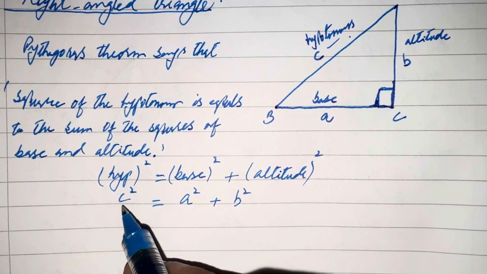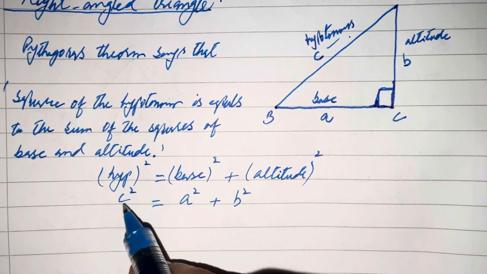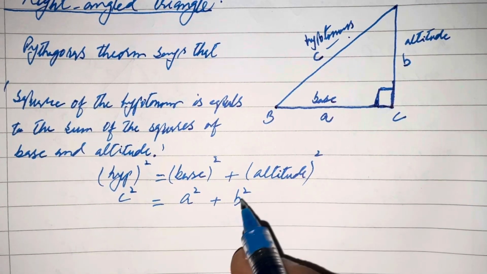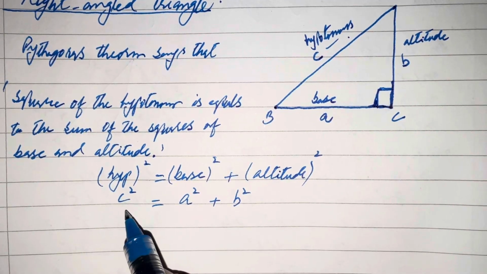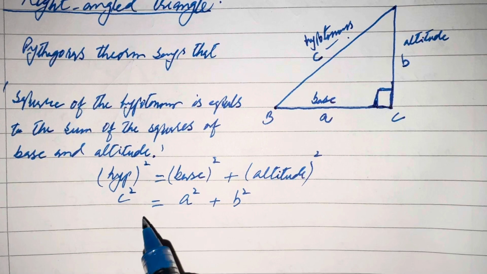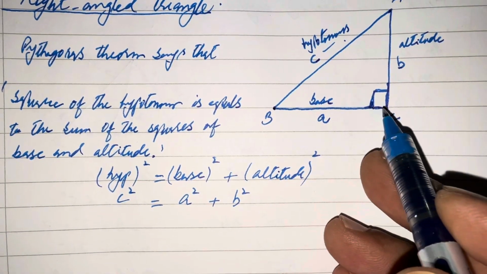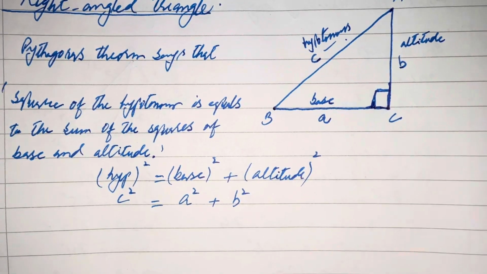We can write C squared, with C as the hypotenuse, A as the base, and B as the altitude. That's the mathematical form we use to find the sides of a right angle triangle.